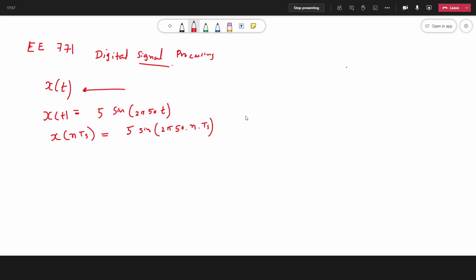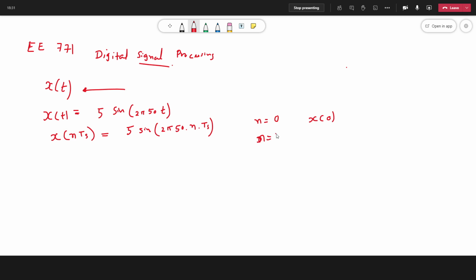So here n is an integer variable, like n can be 0 or 1 or 2 or any integer number. So suppose I start the sampling process, then n will be set to 0 and I will have a sample called x of 0.